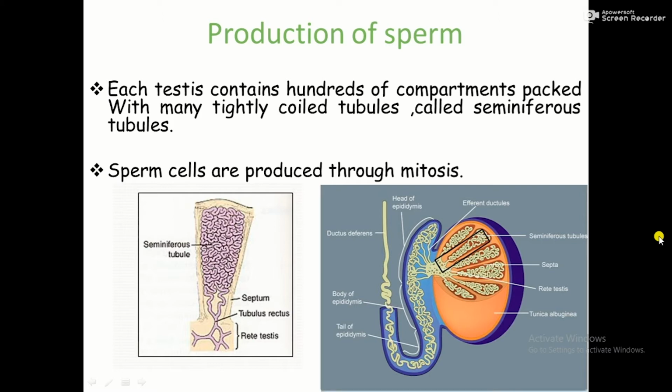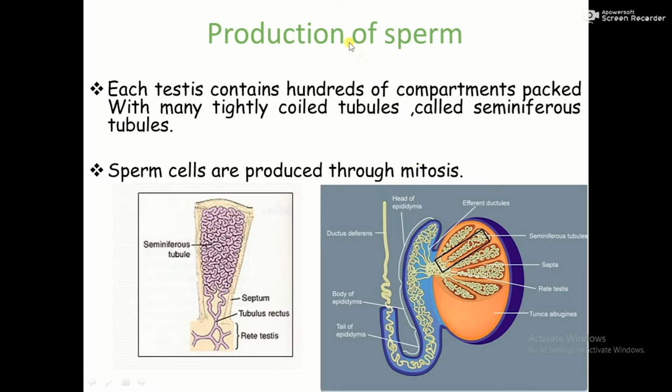So we usually call these tightly coiled tubules seminiferous tubules. Inside these seminiferous tubules, sperm cells are produced through a process of division we call mitosis.